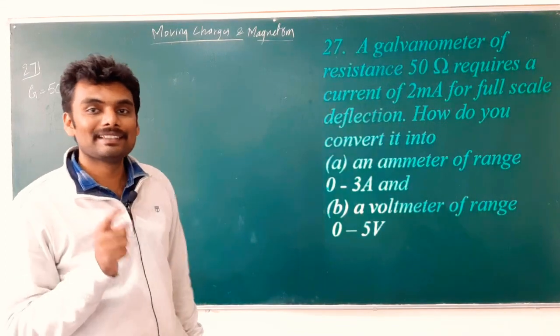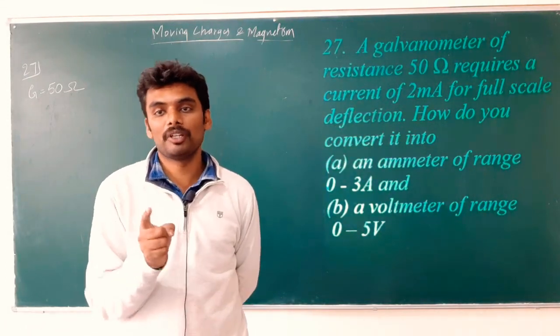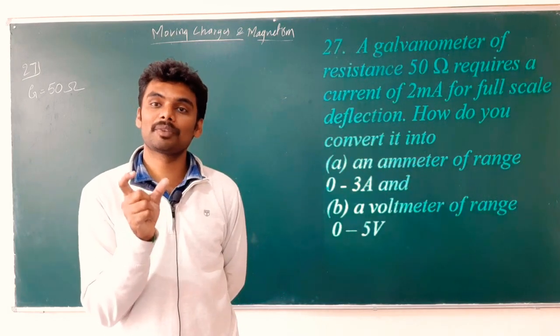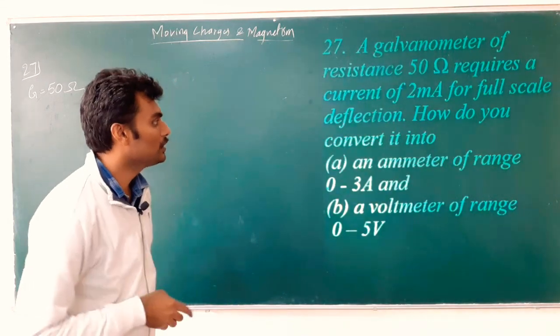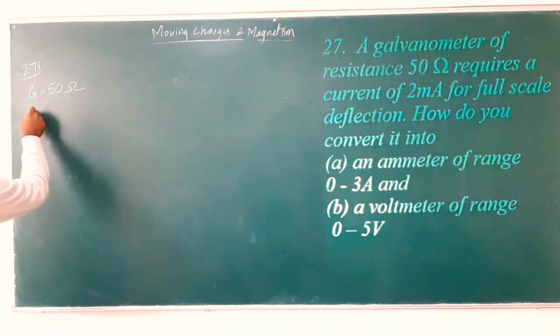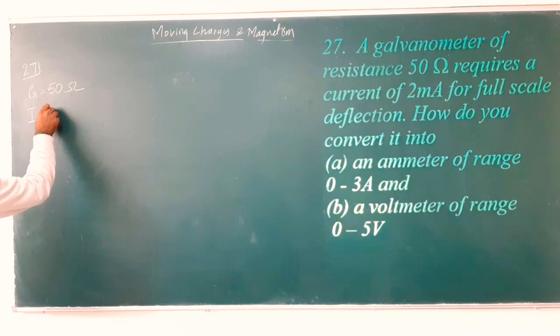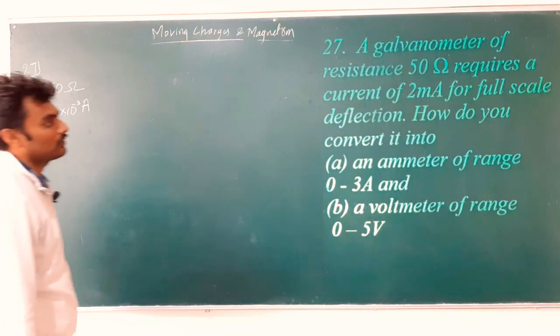So this is the current for which the galvanometer will show full scale deflection, which means the maximum current fed into the galvanometer is 2 milliampere. That current which flows through the galvanometer is taken as Ig. So this Ig is 2 into 10 to the power of minus 3 ampere, right, for full scale deflection.